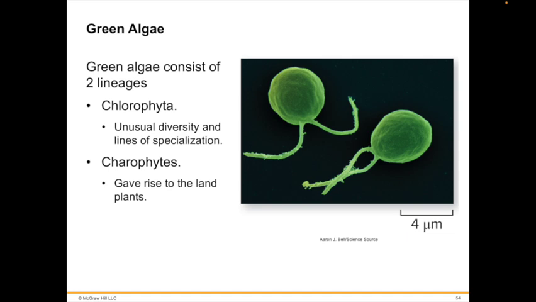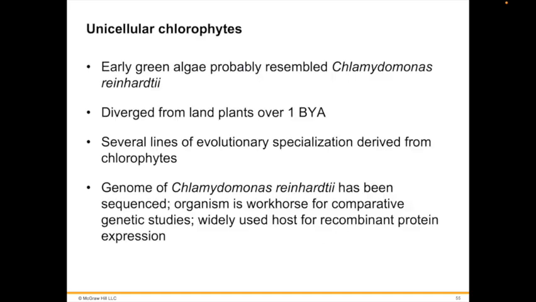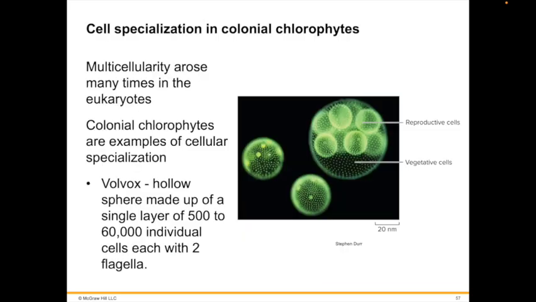The green algae. Chlorophytes and charophytes are green algae. Unicellular chlorophytes include Chlamydomonas, which has 2 flagella, and Chlorella, which has no flagella and reproduces asexually. One such example begins here with Volvox, shown to you there.